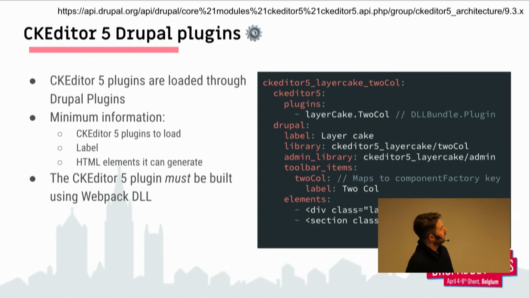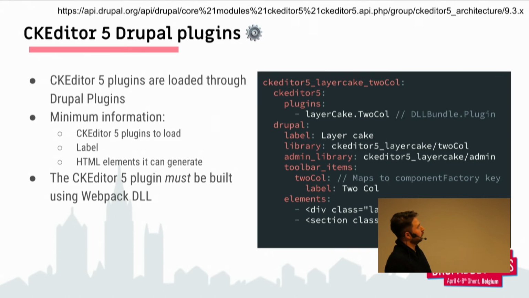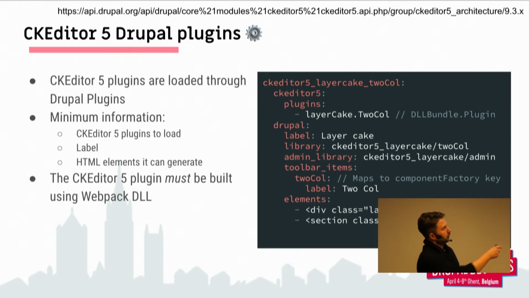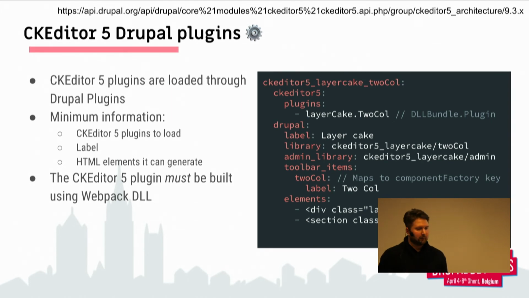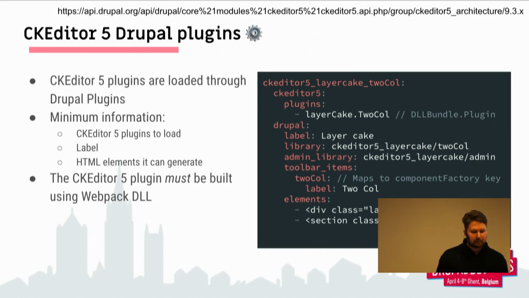The minimum information that you need for a plugin is what are the plugins that need to be loaded. So you can see on the right side on the plugins, we say layer cake to-call. Layer cake is the name of the bundle, the DLL bundle where we provide that plugin. I'm going to explain DLL in a moment.